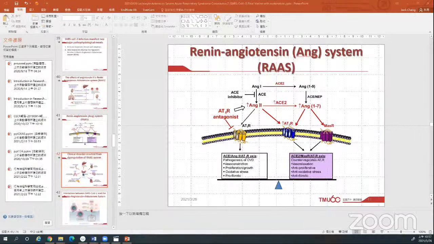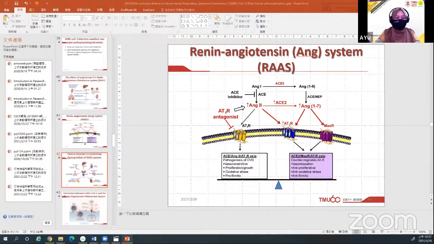I would like to share my file. Can you give me the permission to share my file? Yes, Prof. I need the permission to share the file. Okay, got it. Maybe try the first slide first.